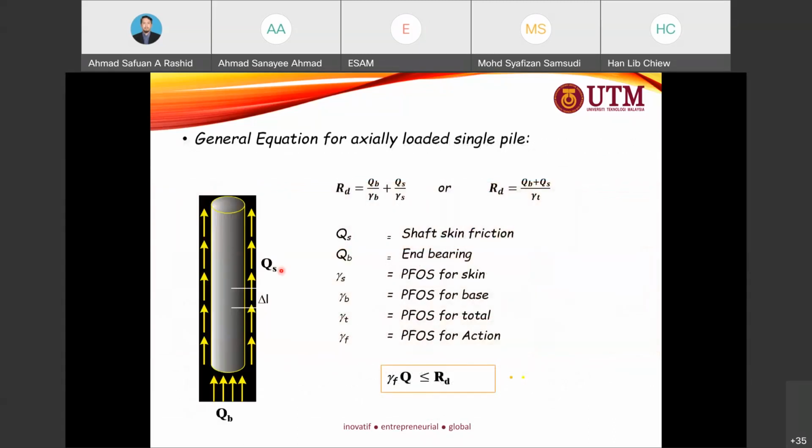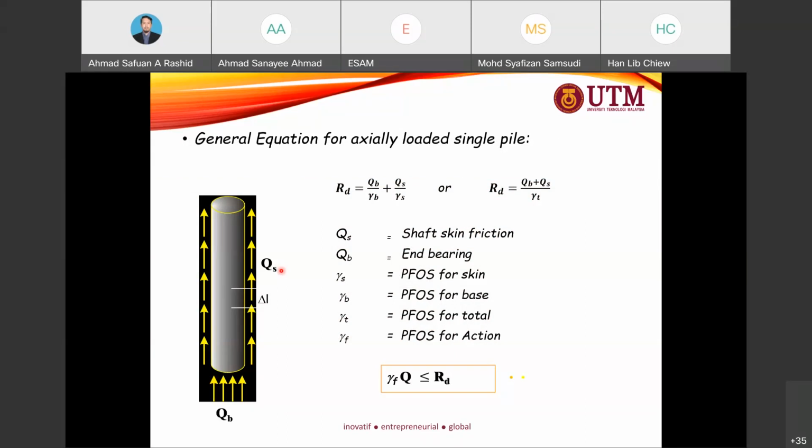Okay. So this is the general equation for the axial loaded single pile. There we have RD, which is QB over gamma B plus QS over gamma S, or we can use QB plus QS over gamma T, which refers to the total partial factor of safety.